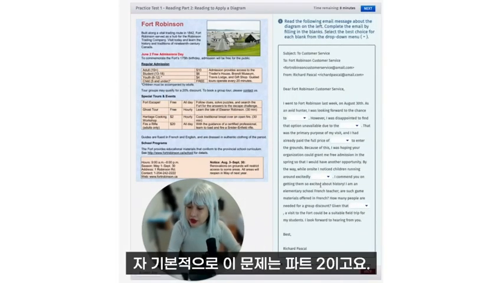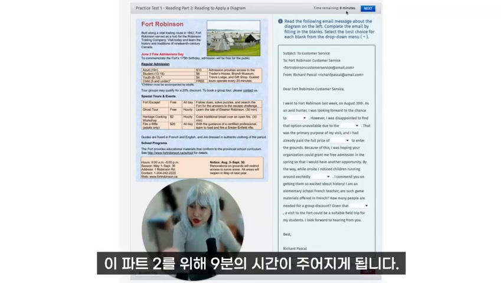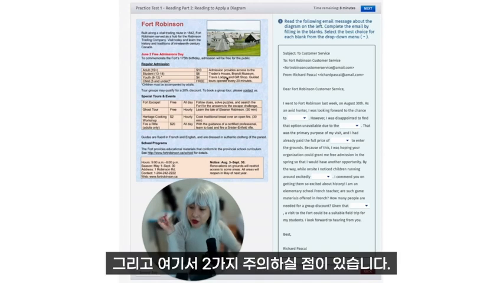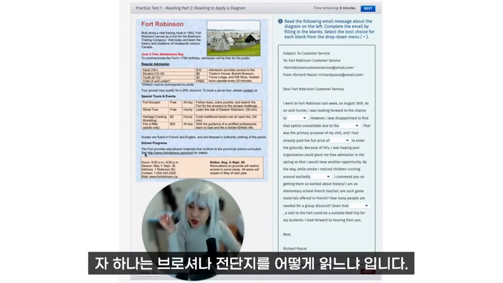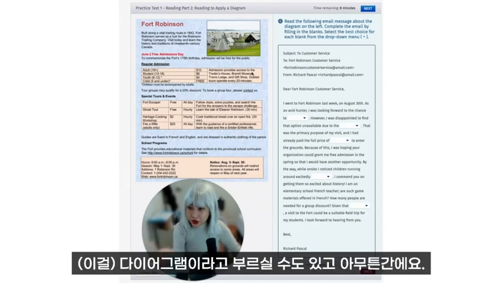So basically this is part 2, and you'll be given 9 minutes to finish this part, and there are 2 things you need to pay attention to. One is how to read this brochure or flyer, or you call it a diagram, whatever you want to call it.